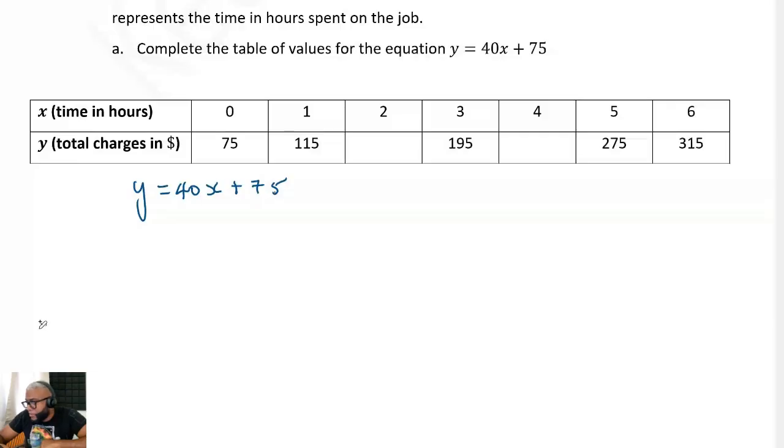I want to find Y. They give us an equation that actually links X to Y, right? So how would I go about finding the total charges in dollars, which will be Y, for when X is 2? Kaylee? Adams, you want to help her?